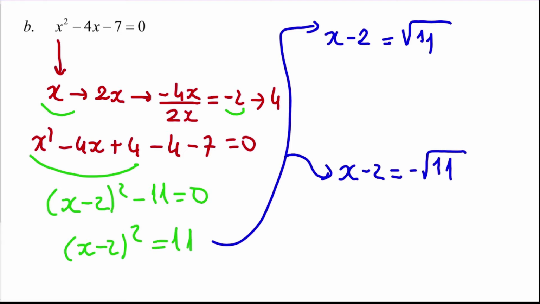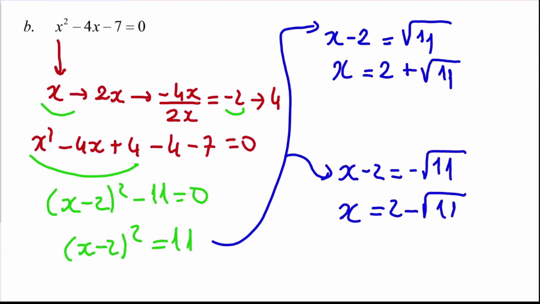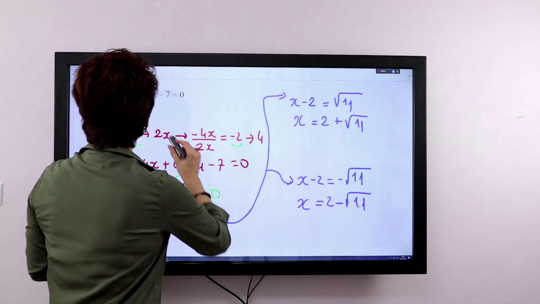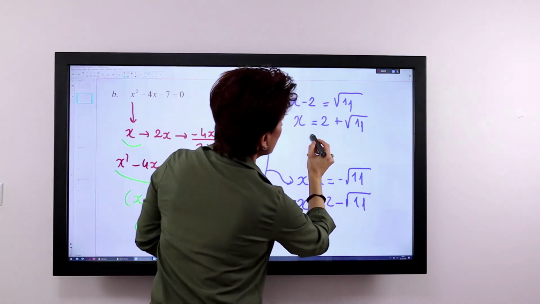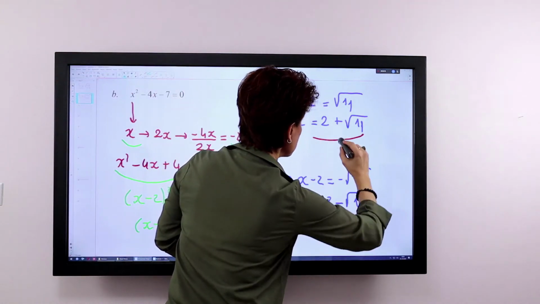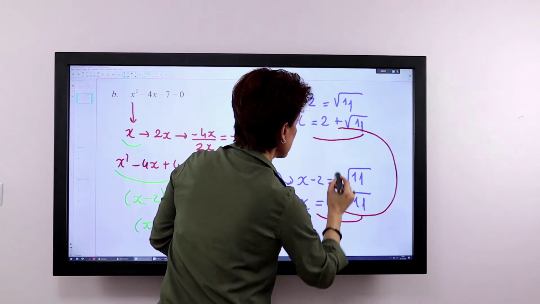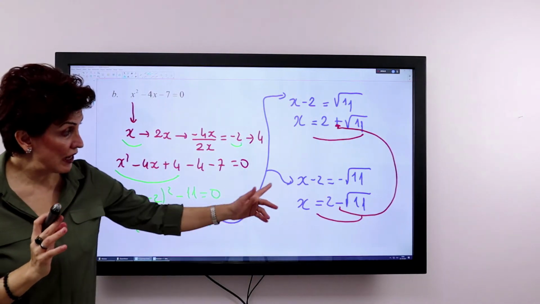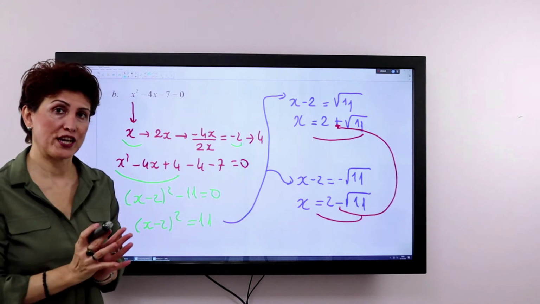If we find x, moving negative 2 becomes positive 2, so x is 2 plus or minus the square root of 11. Got it? Look at them again: what is the difference between those? The middle sign is different. You should find this every time, which is the conjugate. Got it?